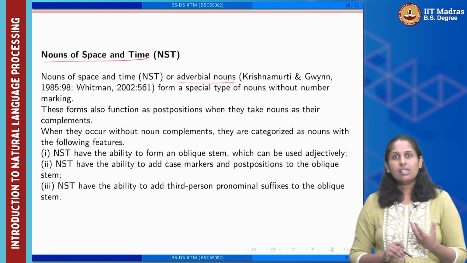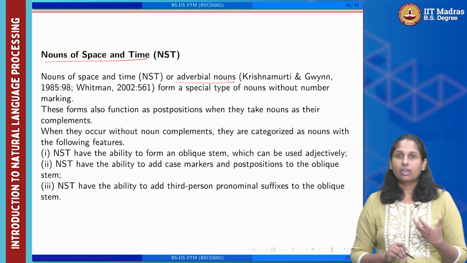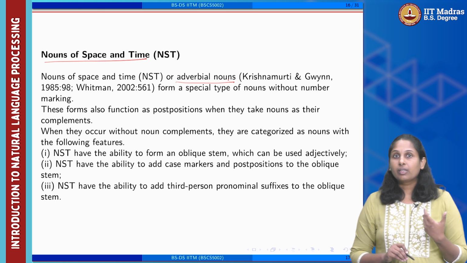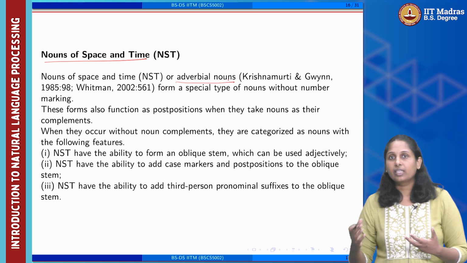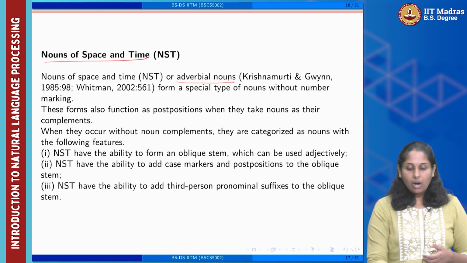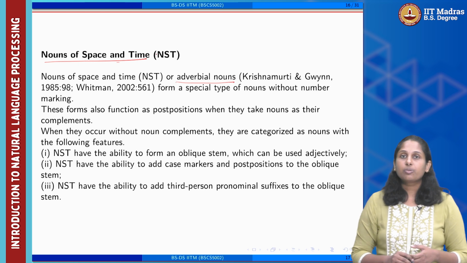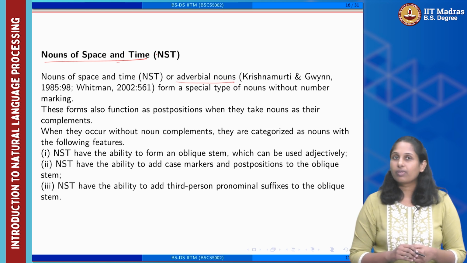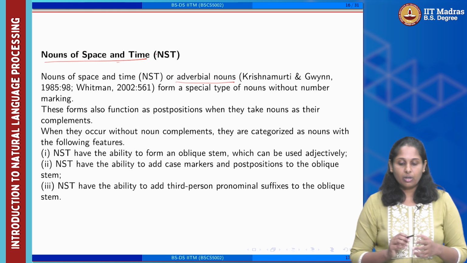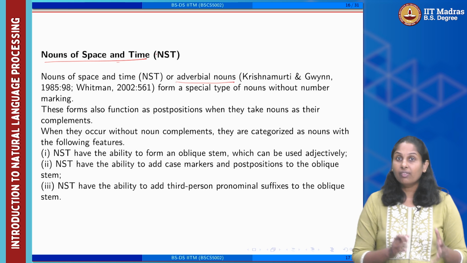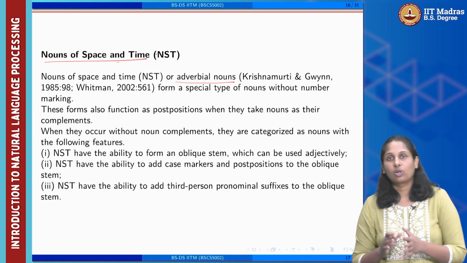So, it has the ability to take case marking, like kitab se, upar se, but you cannot have plural marking like other nouns, right. This kind of noun is called nouns of space and time, especially in Indian languages. They are very rich in taking morphological inflection, but they are actually adverbs.